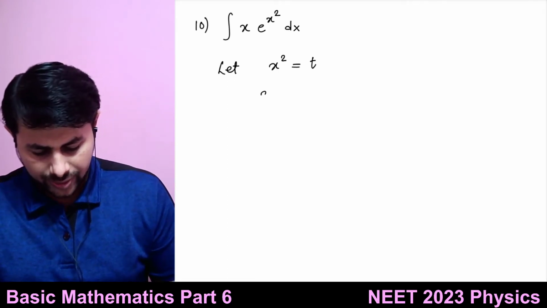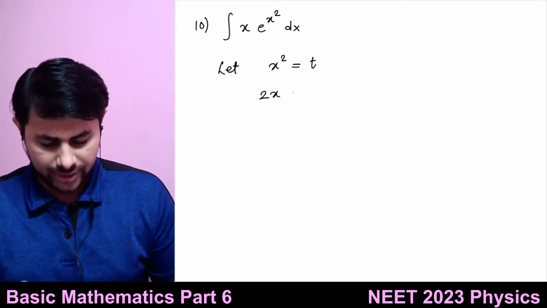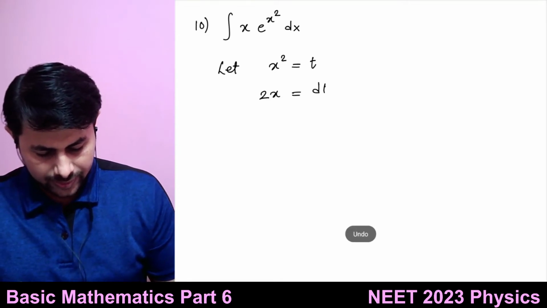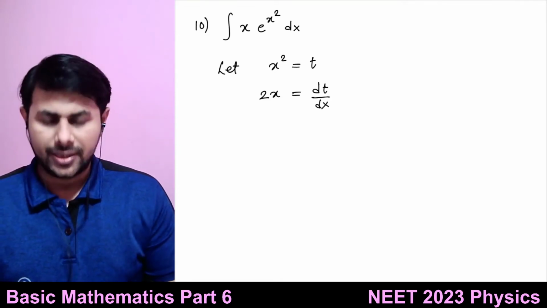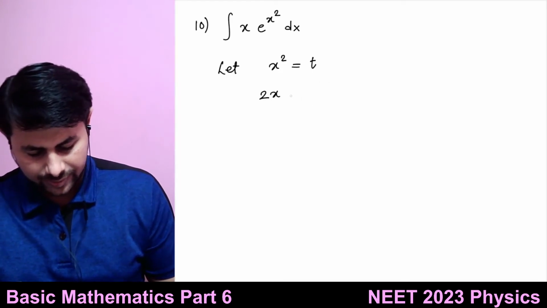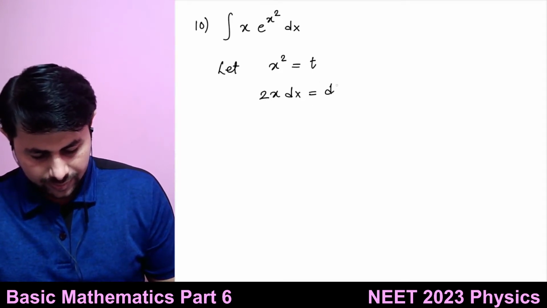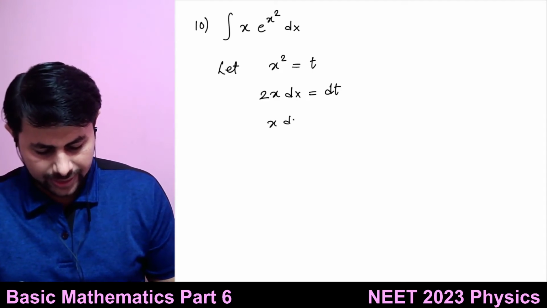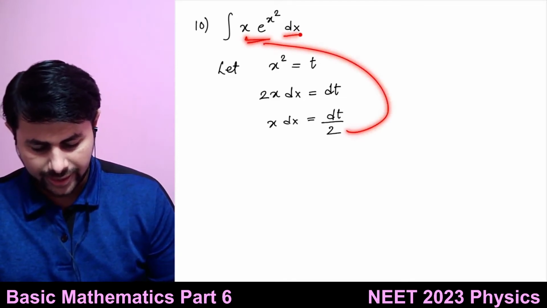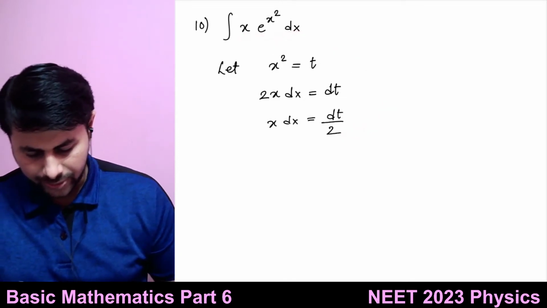Taking derivative, I can write 2x equals dt by dx. If I take dx on the left hand side, 2x dx equals dt, and therefore x dx equals dt upon 2. So that I will substitute here. I have x dx, it is dt upon 2.